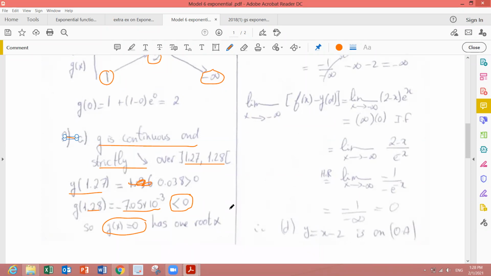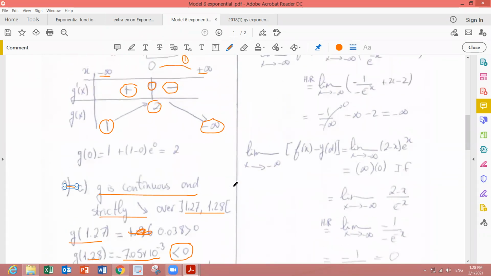Ustaz, here we cannot say from this table that we made, because it is from 1 to 2, you have to say over the interval. You can say over 0 plus infinity, g is decreasing from a positive value to minus infinity.